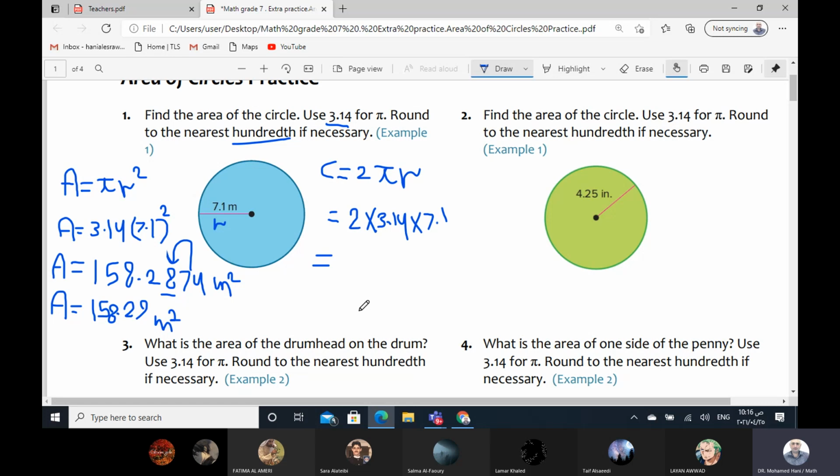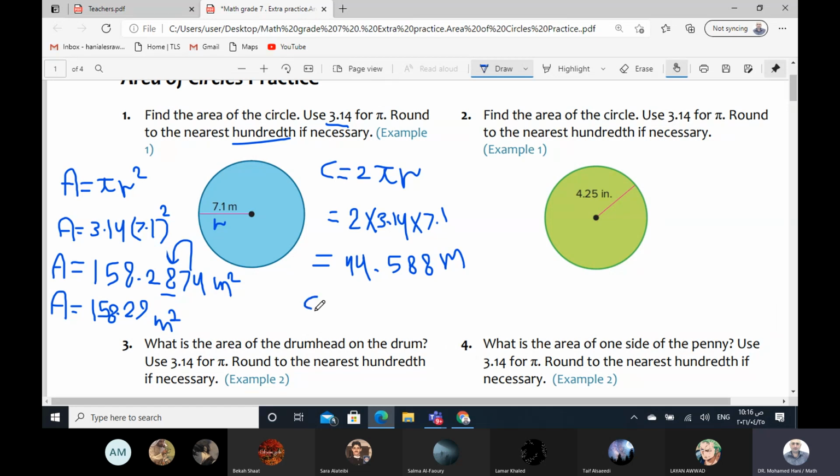So we calculate now 2 times 3.14 times 7.1. The answer will be 44.588, just meter without squared, because here it is the circumference.